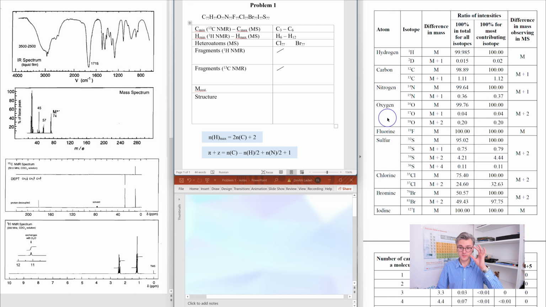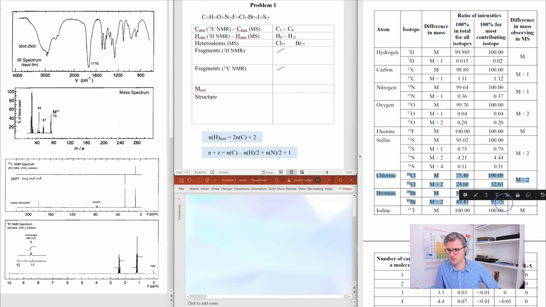the natural distribution of isotopes of the elements we expect in our molecule, and the most important are chlorine and bromine. Why? Because there is not only one prevailing isotope naturally. In case of chlorine, it's 35 and 37, and 37 is about a quarter of all chlorines in nature.